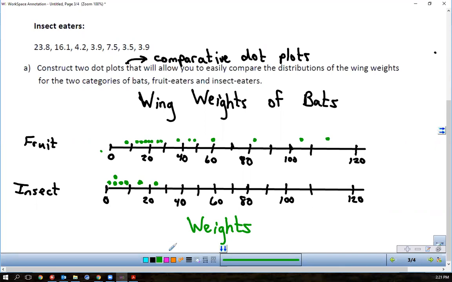Part B asks us to write a short paragraph describing the features of the two plots. What do they tell you about the differences in the wing weights? So we can keep our plots up here. I'm not going to change screens to write the paragraph, and we're out of time. What are some observations based on these plots that you can make?